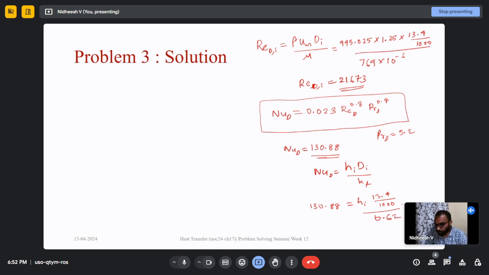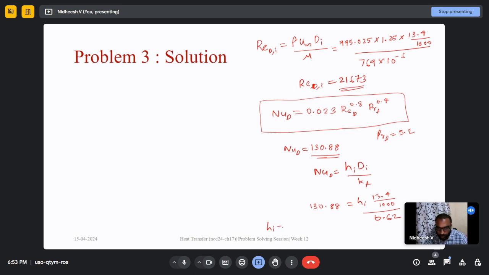So let's try to evaluate this expression: 130.88 multiplied by 620 divided by 13.4. 6055.64 is the value of HI that I am getting.